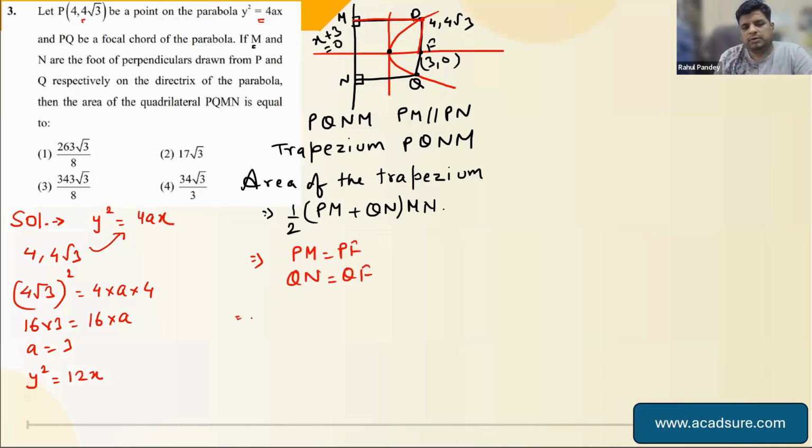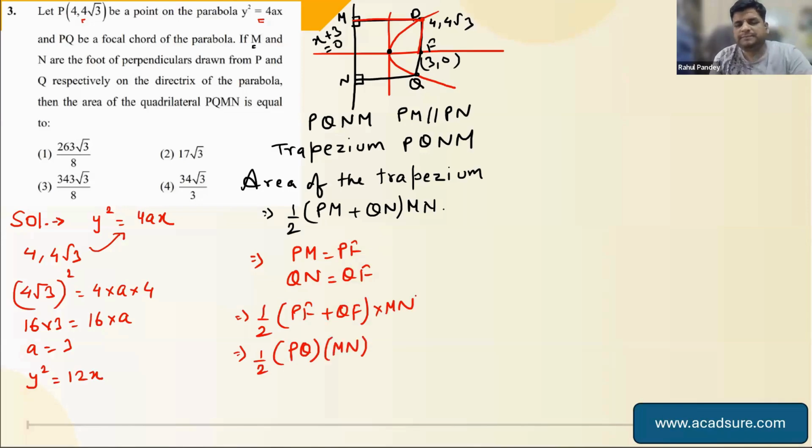So area would be equal to half into (PF plus QF) into MN. And PF plus QF will be equal to PQ. So area is half into PQ into MN.